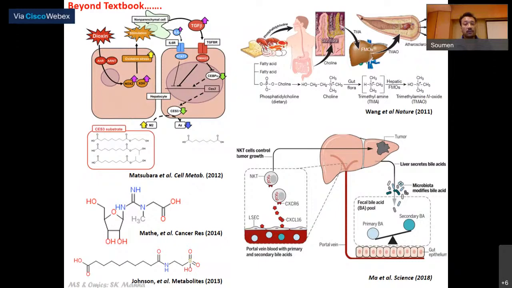It was found that when there is an increase in dioxin-induced toxicity, these molecules are not hydrolyzed because the esterase CES3 expression goes down, and therefore there is an increase in abundance of these CES3 substrates, which we identified for the first time. It is an indicator which pops up even before there is any significant change in typical liver enzyme profiles.